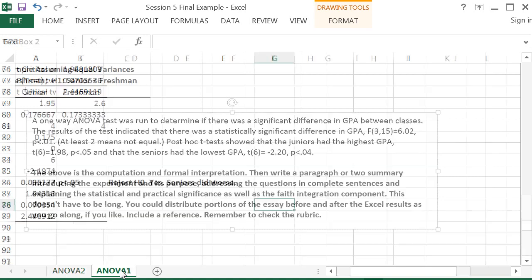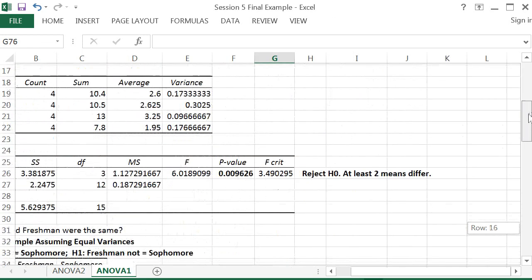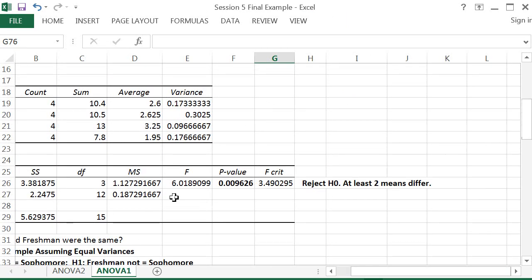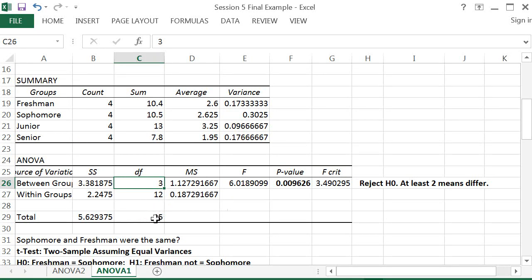So let me show you where I'm getting that. So go back to our ANOVA. 3 degrees of freedom are here. That's degrees of freedom. Let's see, I believe that's between. Yes, between groups, degrees of freedom. And then 15 is the total. And there's the F value of 6.02.